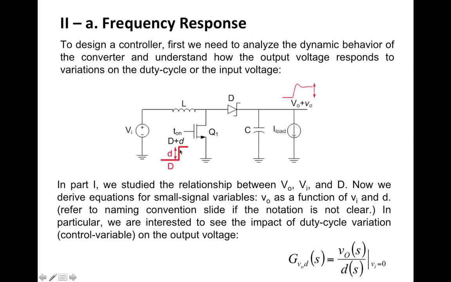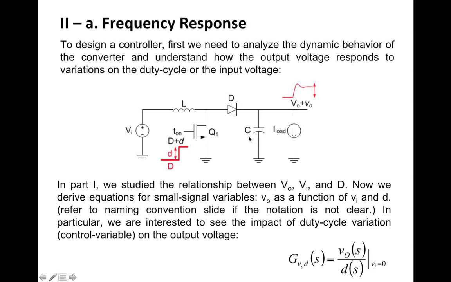If I increase the duty cycle, initially the on time expands and the inductor is connected to the input side for a longer period. This means I charge the inductor current for a longer time, and the discharge of the output capacitor also takes a longer time.